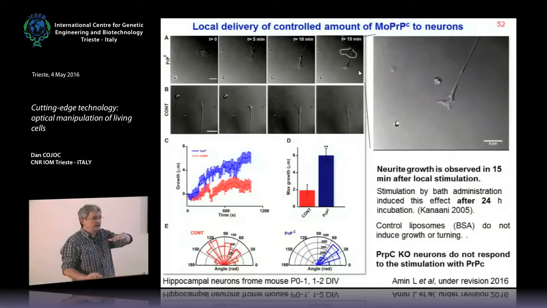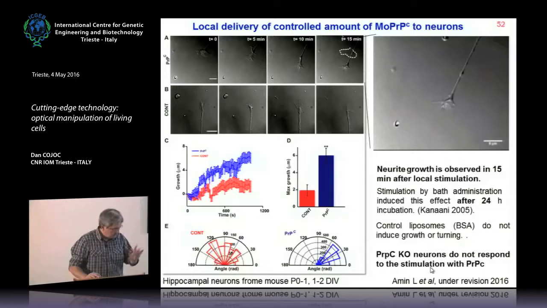They are in different planes, and in any case, they do not influence the growth in this direction. So we noticed a significant growth induced by PrPC delivery. And as I said, PrPC knockout neurons do not respond to the stimulation with PrPC. The paper is under revision. No, I do not say where.